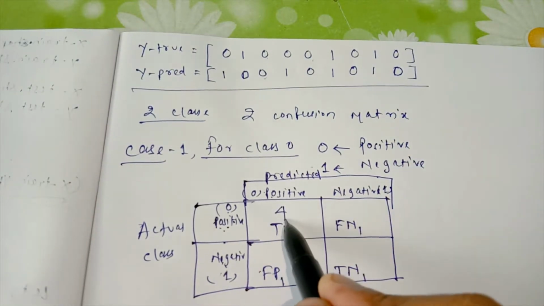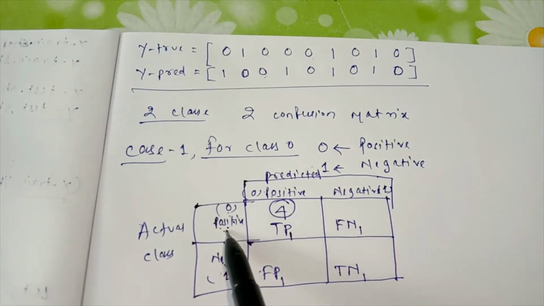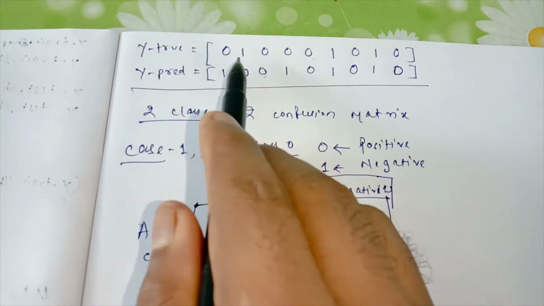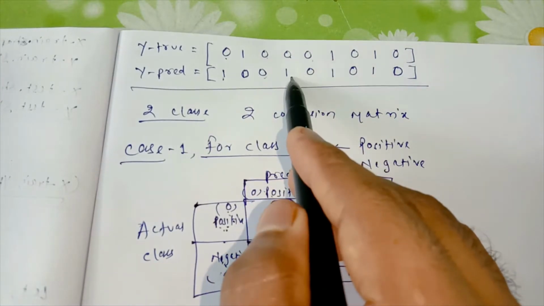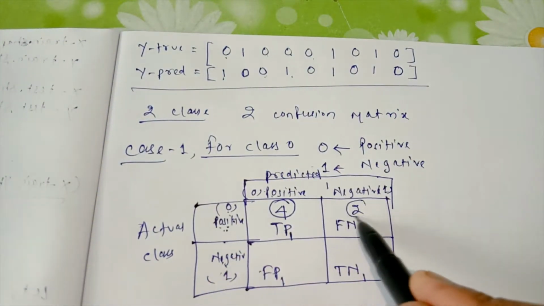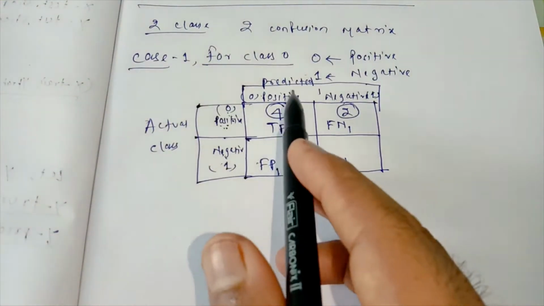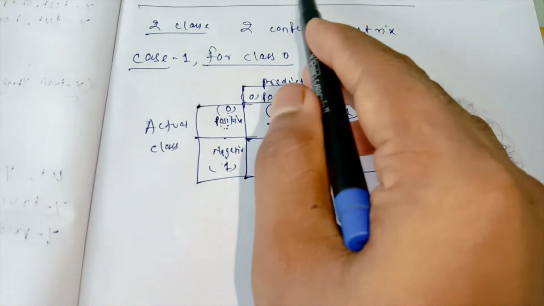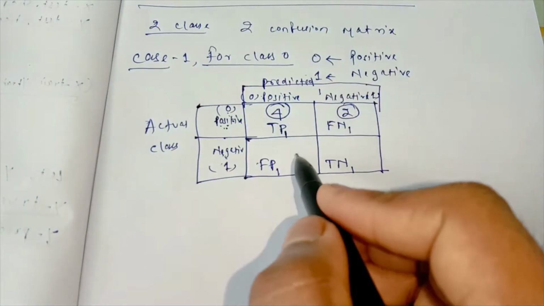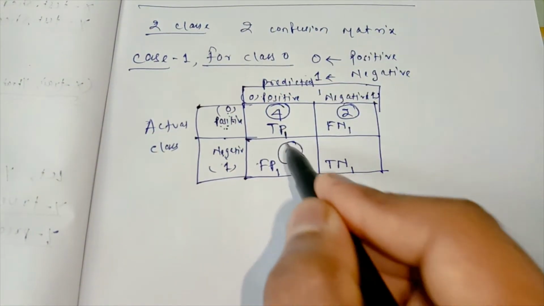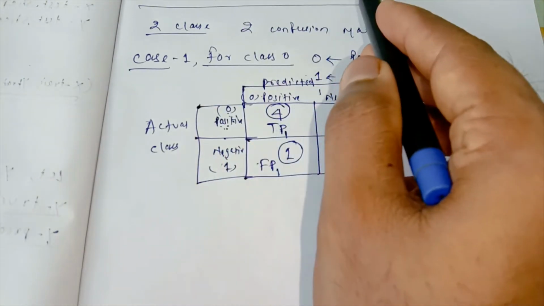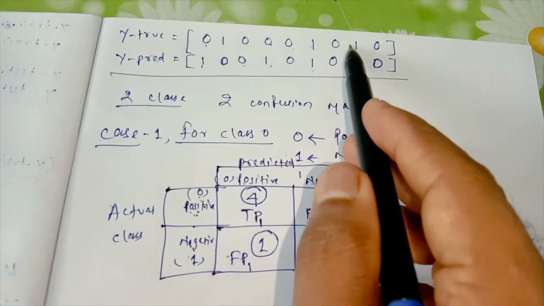So true positive is 4. Actual 0, predicted 1: the 0 1 combination is 2. The 1 0 combination is only 1, I think. 1 predicted 1 is 2 cases.